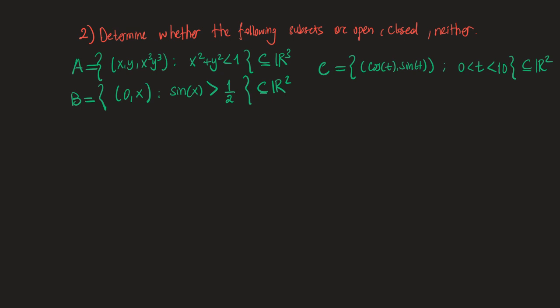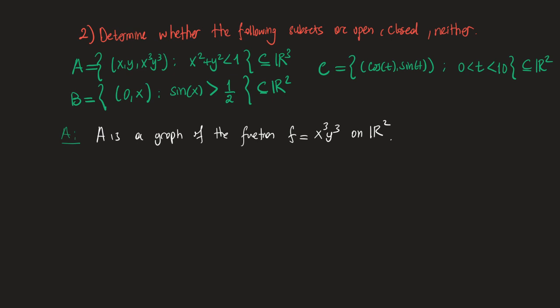For example, let's look at set A. Let us try to understand A. As you can see, A is a graph of the function f(x,y) = x cube y cube on R2. So it's like a surface, so it has no thickness.